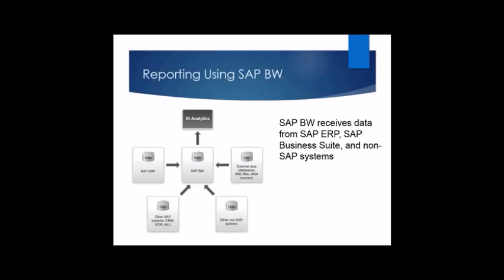The OLAP environment within SAP ERP is limited and cannot perform the necessary analysis required to provide business intelligence. And for this purpose, businesses utilize other platforms, and with SAP, it is the SAP Business Warehouse or Data Warehouse.